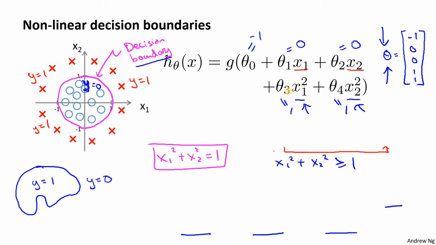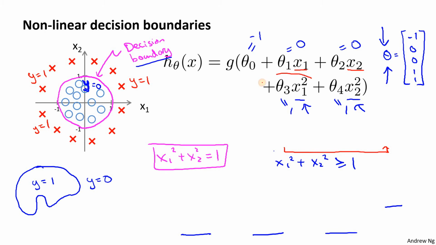You just append or add another term to the equation where you have these features squared, for example. So you add theta 3 into x1 square, then theta 4 into x2 square. Like that, you can add even more terms which are higher order terms.